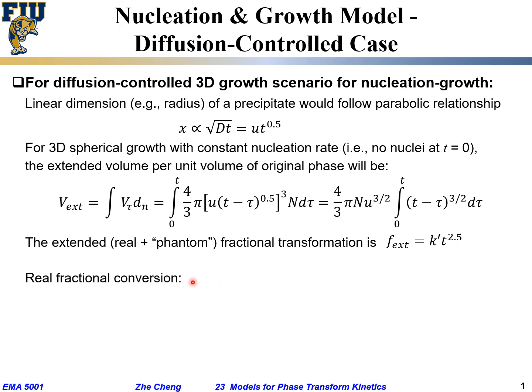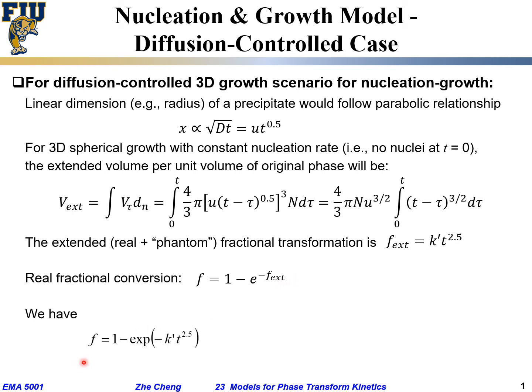Then, using the same principle, the real fraction of conversion f would be 1 minus the exponential of minus the extended fraction of conversion. From here you can plug the extended fraction into this equation.